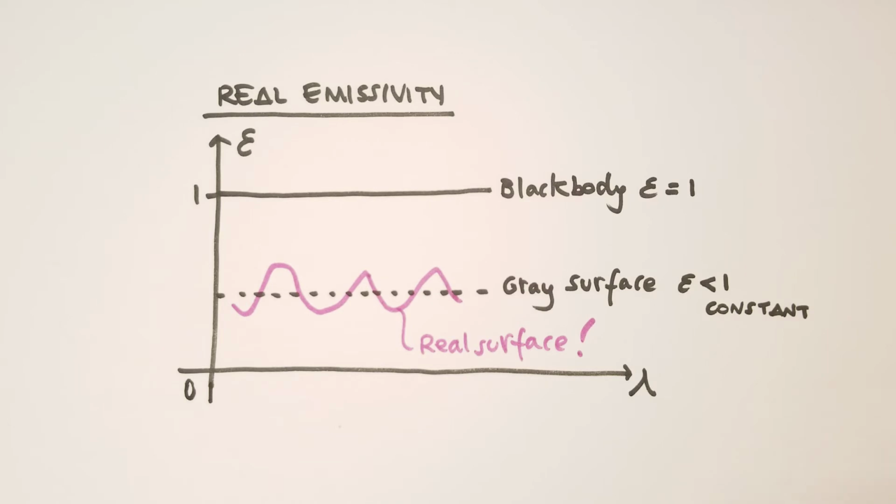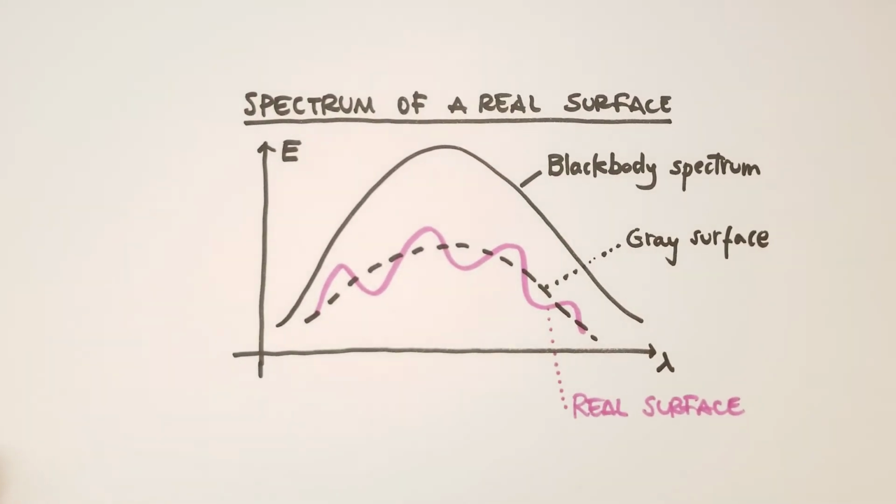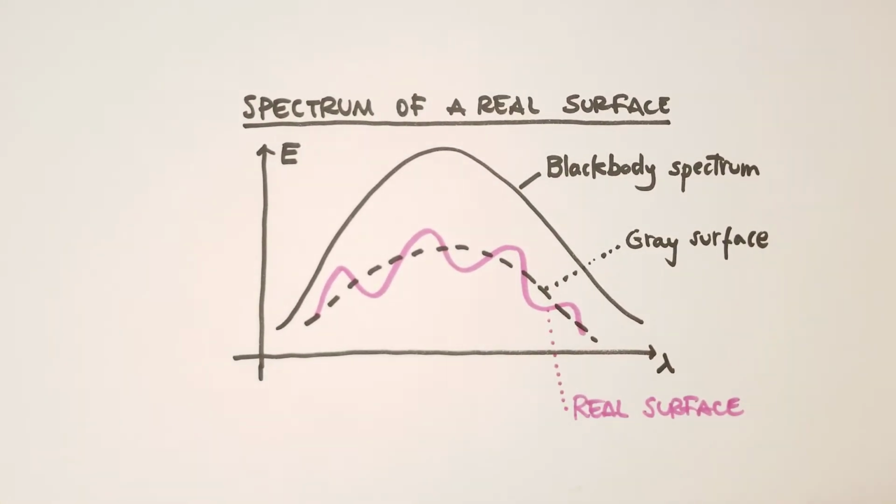Instead, for the real surface, we have the emissivity that here in pink depends on the wavelength. So keeping this dependence of the emissivity as a function of lambda in mind, then the electromagnetic spectrum will behave in this way.